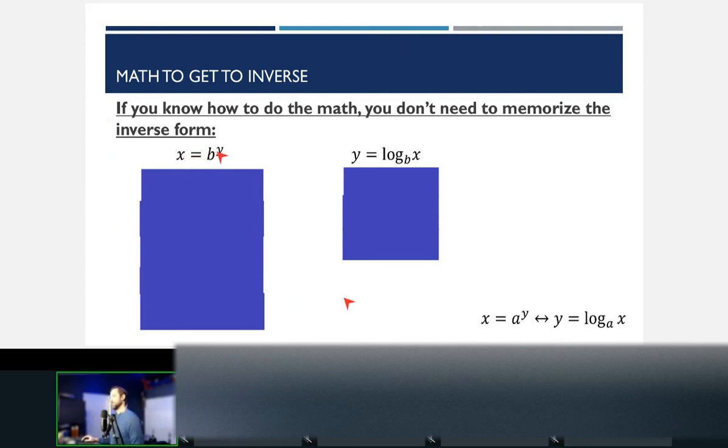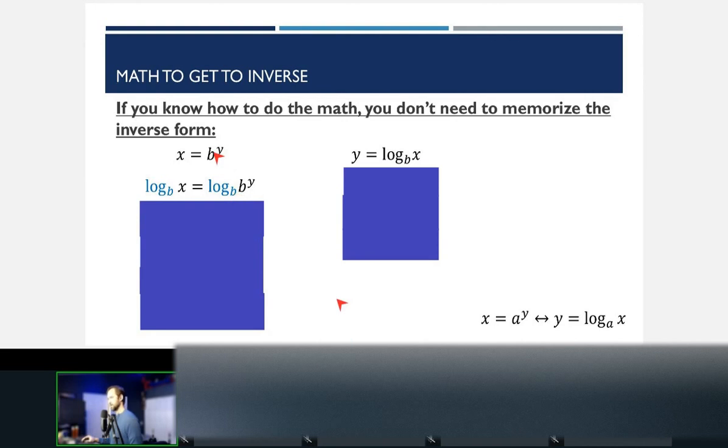All right, so our goal is to get this y down from the exponent. How we do that is we are going to log base b both sides. We're doing log base b because the current base, this base b raised to the y power, determines what our log base is going to be.